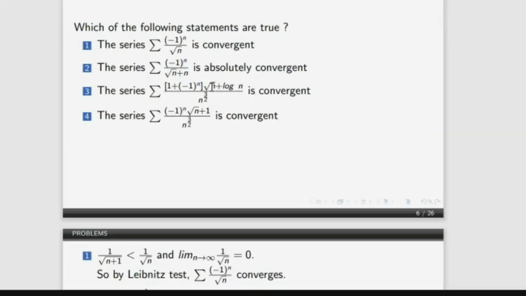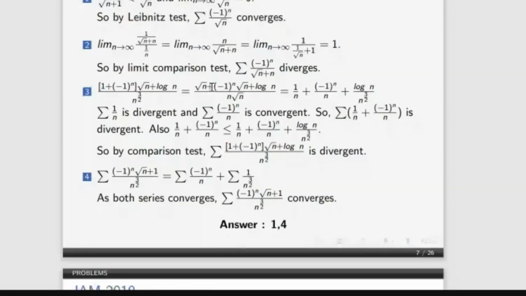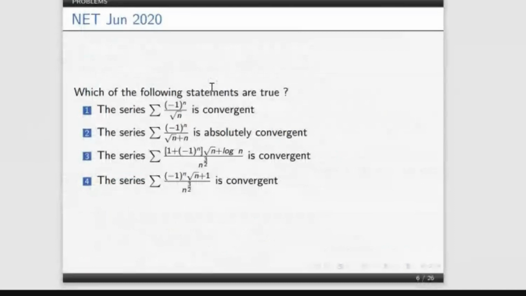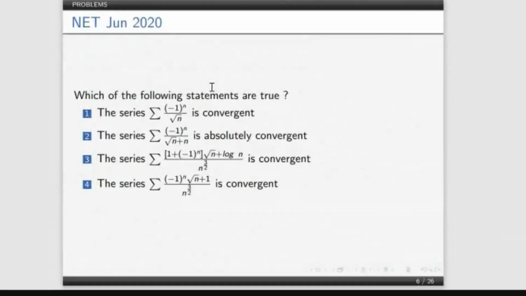Is the definition confusing you? Okay. Actually, conditional convergence is convergence itself. But the only problem is that it does not hold the condition of absolute convergence.